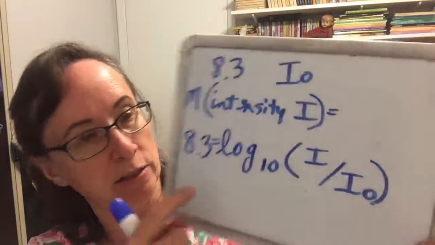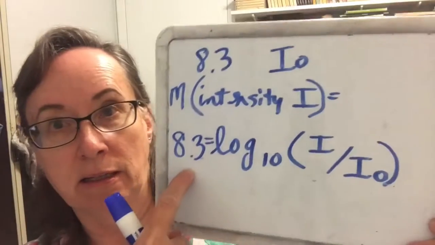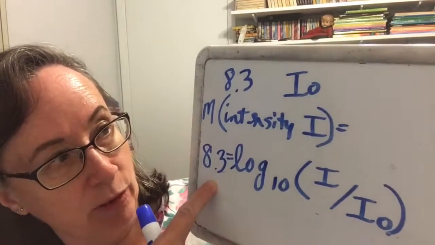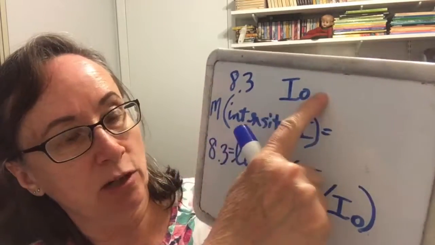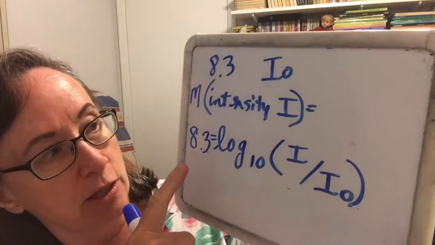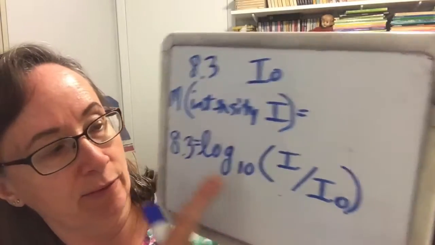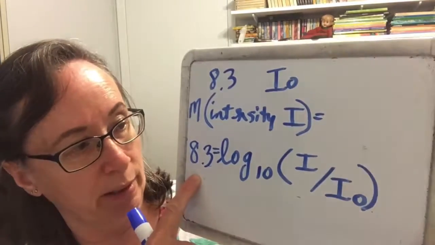So this is your equation. So basically, you put the 8.3 that they gave you over here, and we're trying to write the intensity in terms of I sub 0. So we take this formula that they gave us, we set it equal to the 8.3.